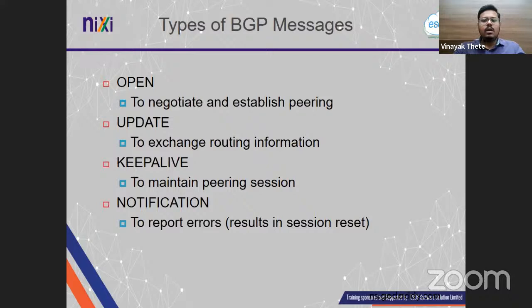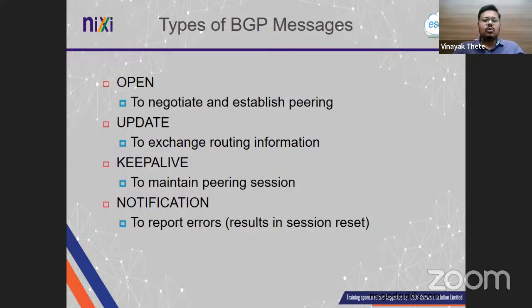The open type of message sets up and establishes the BGP adjacency, so the negotiation for establishing the BGP pairing is done in this type of message. The update message advertises or updates the routes, for exchanging the routing information.